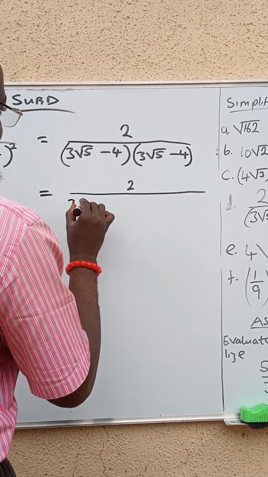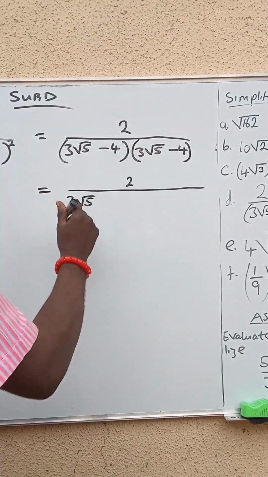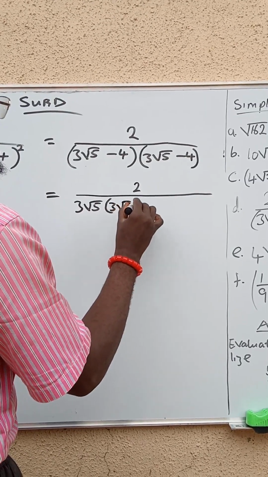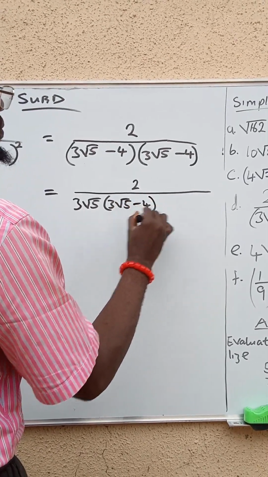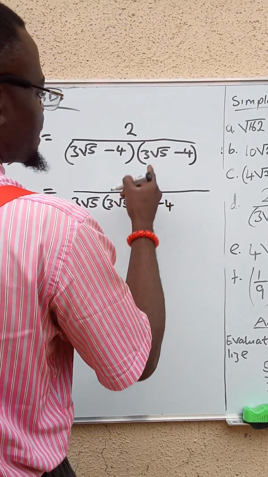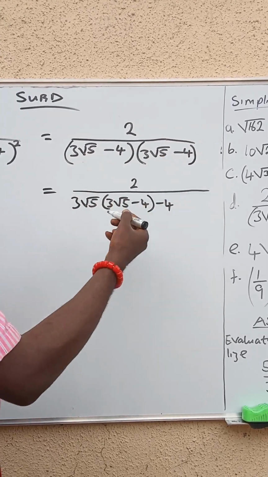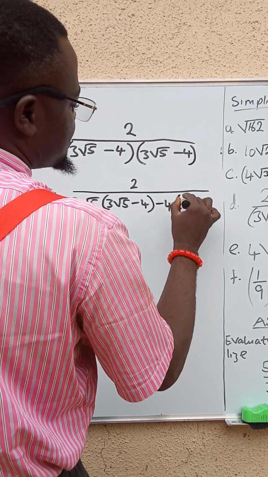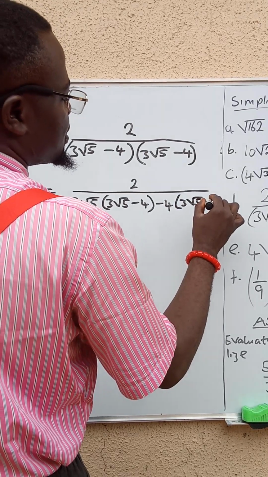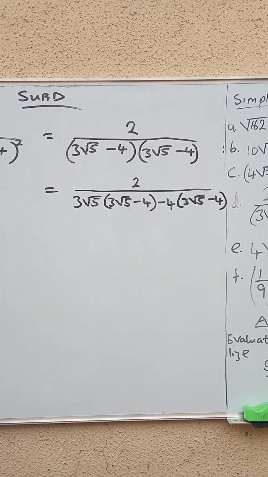Now I have 3 root 5. I'll bring the whole of this. 3 root 5 minus 4. I'll bring minus 4. I'll bring the whole of this because this is multiplying the whole of this. Minus 4, 3 root 5 minus 4. Do you understand?